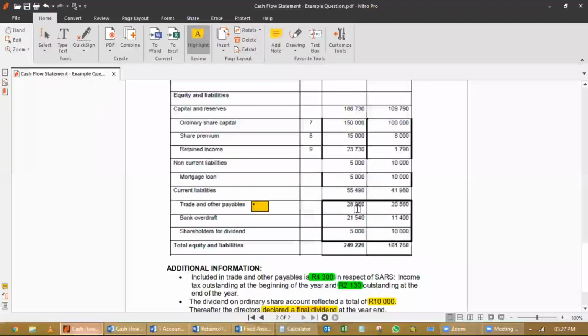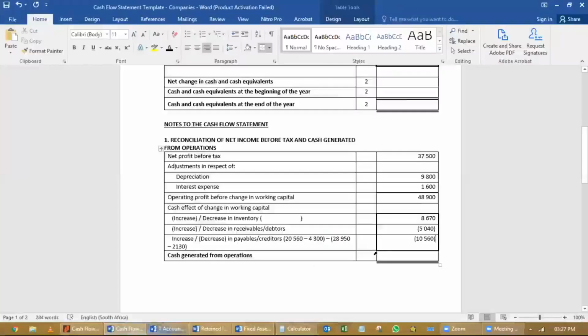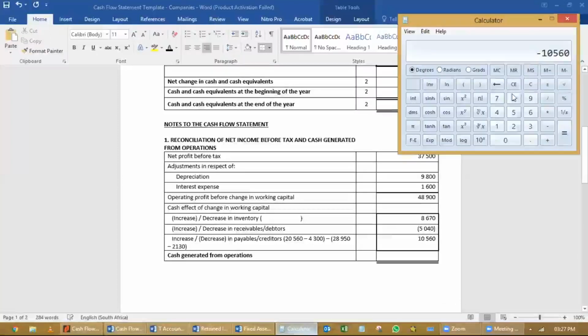Just double check this. The payables increase, so no, can't be that. Increased, it must not be in brackets. Okay, let's clear this.